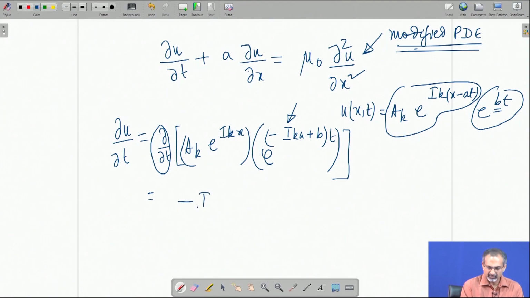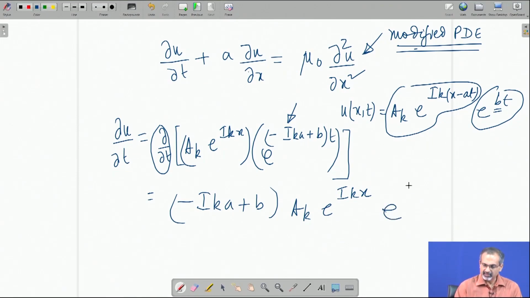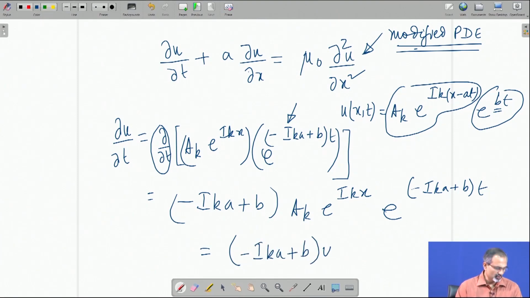It is giving us minus I k a plus b into the spatial part along with the amplitude, and then the temporal part. As we can understand, this is nothing but minus I k a plus b into u. So, that is del u del t, and then we have to work out the del u del x. That is very easy to calculate. It is I k a into u. That is more convenient to calculate, right.